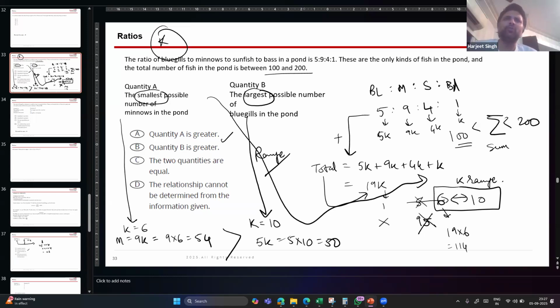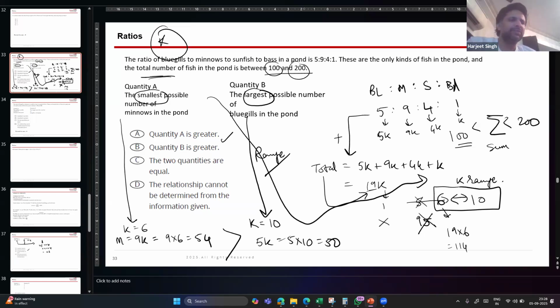Add, because we are talking about totals. Why are we adding? Because the constraint or the range is on the totals, which is why we added all these, and said it's 19x or whatever k. So the total is a multiple of 19 clearly. Then we found what could be the k value depending on whether it's between 100 and 200. And then we solved: the smallest value takes the smallest k, the largest value takes the largest k.